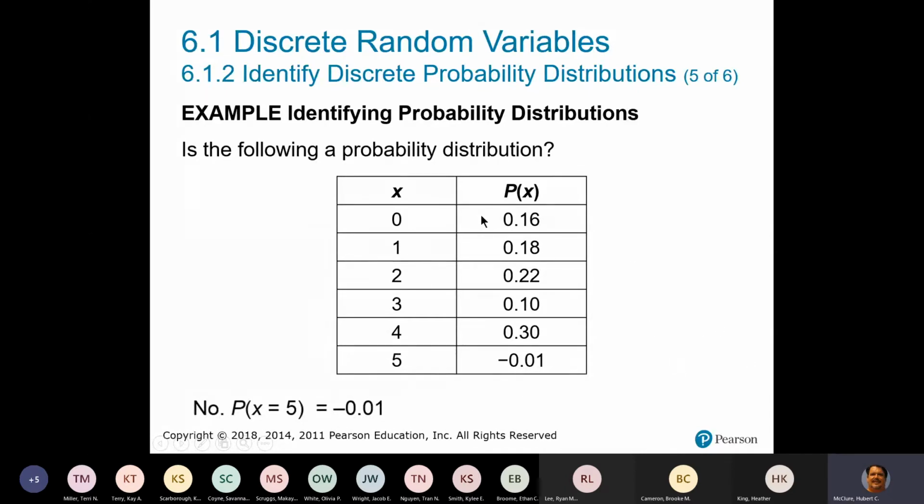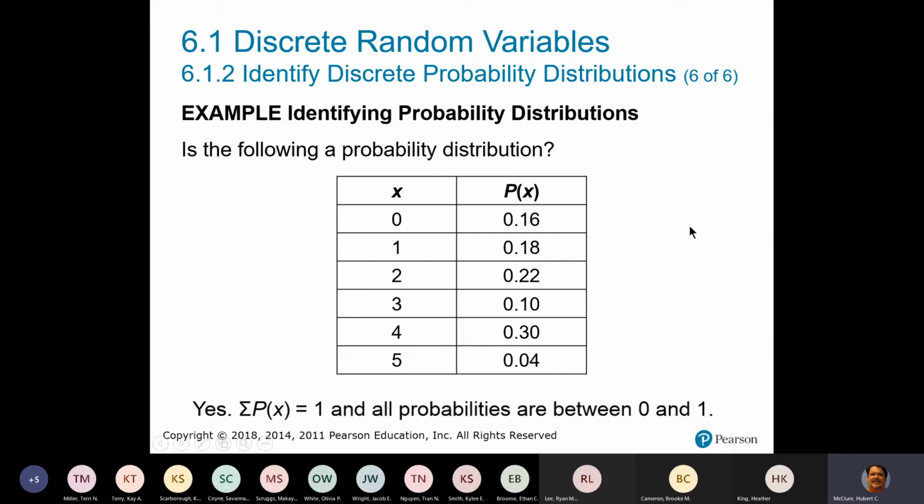You don't have to write all those down. You can just put 0, 1, 2, 3, 4, 5, and then decimal, decimal, decimal, decimal, decimal, and then a negative, and then highlight the negative. So you've got an example of not equaling 1, then you got a negative, and then of course the last one would be yes, because that's the only possible answer after you do 2 no's.